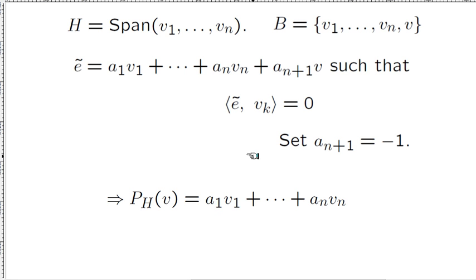The amount of computation is to solve these n linear equations, k going from 1 through n. So this is going to be an n by n plus 1 matrix, and reducing that is the computation involved. That's the idea, and I'm going to show you how to do this in Mathematica.